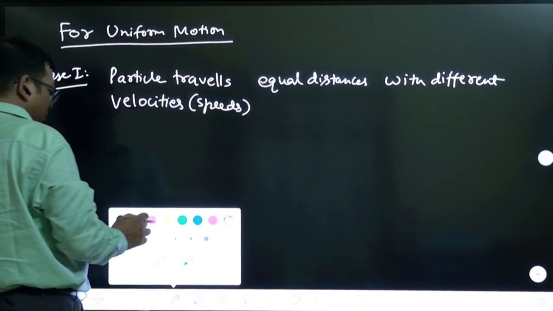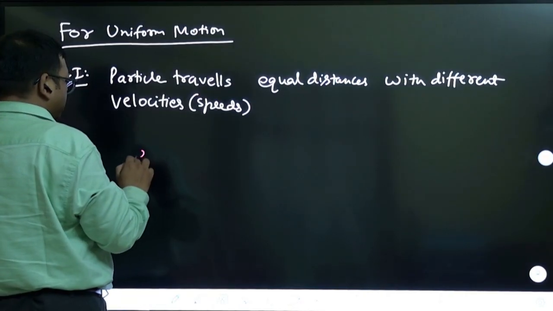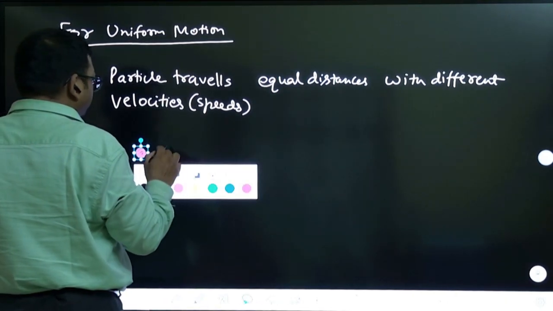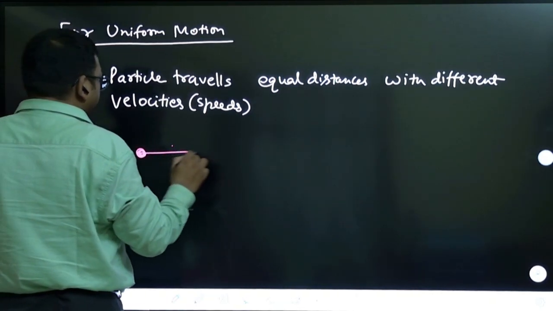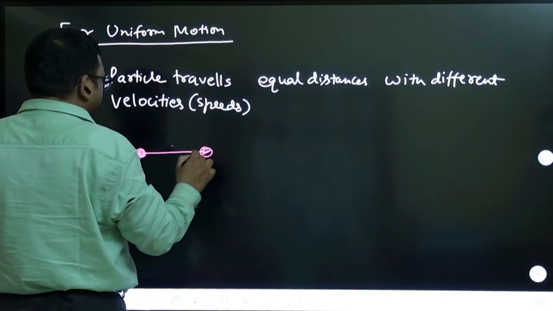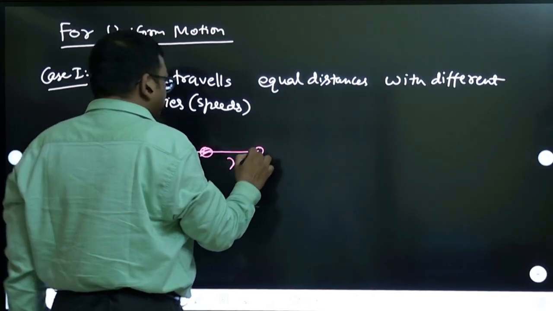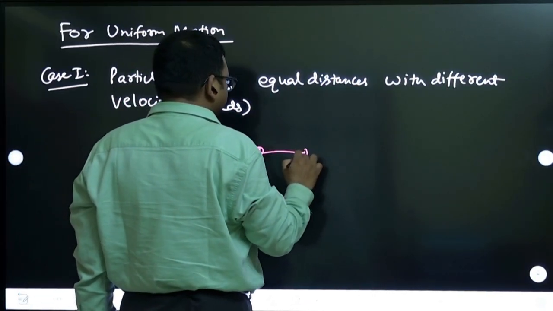Suppose a bus or a car is going. Let us say the equal distances are x. x is the distance here.